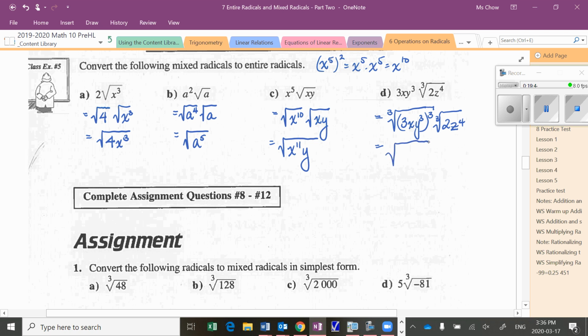So the cube root of 3 cubed is 27, and then x to the 1 cubed is x cubed, y cubed and then cubed is y to the ninth, and that's being multiplied by the cube root of 2z to the fourth, and we'll put everything together. So we've got the cube root of 2 times 27, or cube root of 54, times x cubed y to the ninth z to the fourth. And that is our solution.